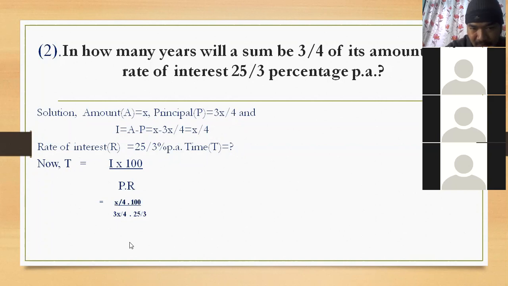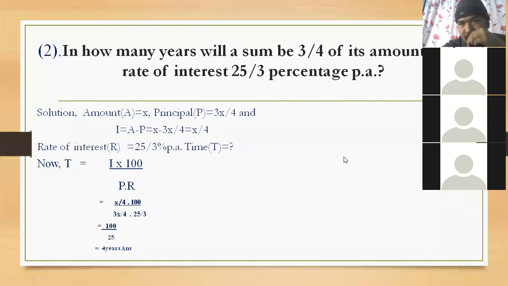Then what is left there? 100 by 25. Good. When you divide 100 by 25, what will come? 4. 4 years. Required time is 4 years. Okay, sir, so how then did x by 4 come in interest?